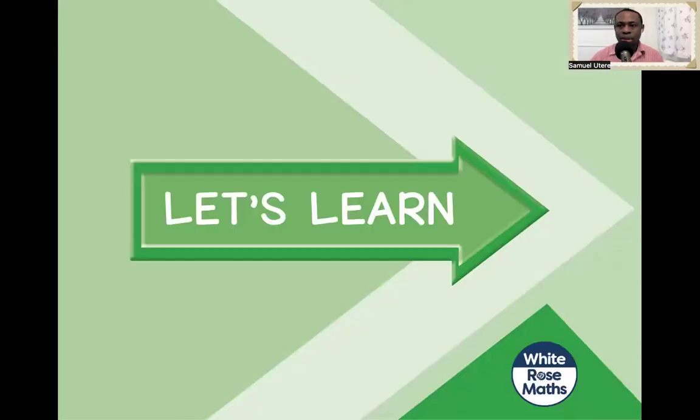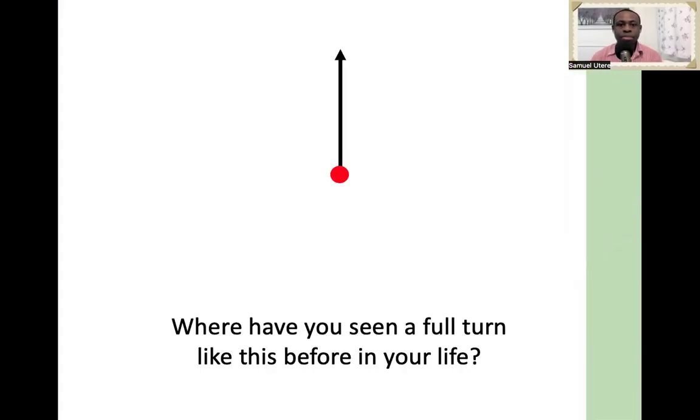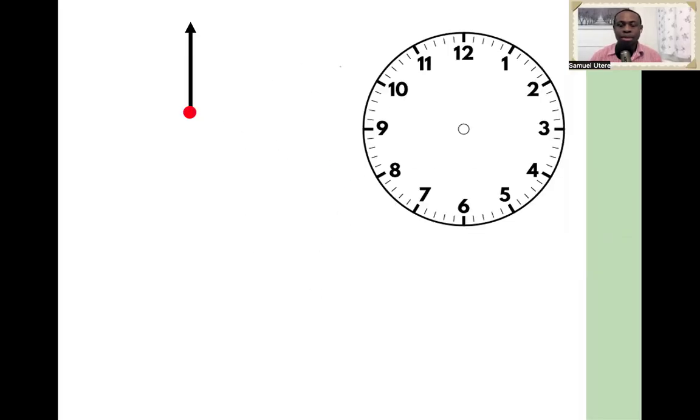Let's do some new learning for today's lesson. Look at this carefully. Where have you seen a full turn like this before in your life? Well, I'm sure you have seen this on the face of a clock and on your kitchen scale.